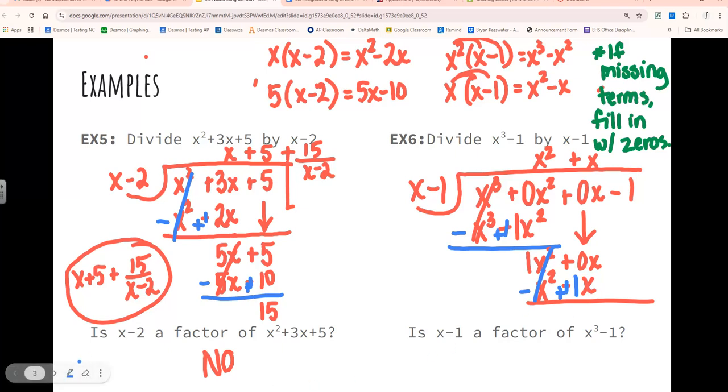It'd just be x or a 1x if you want to write the 1, doesn't matter. Right there. So that's an x. And then, Cannon, what have I got to do after I finish that subtraction? Bring down the minus 1. So my last step is to ask myself, what times x would give me x?